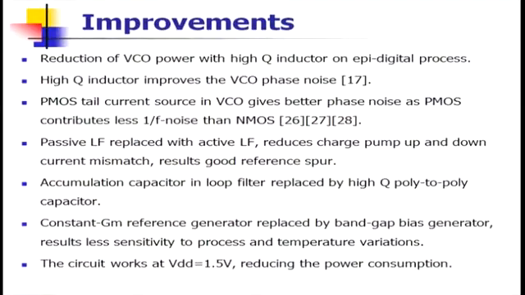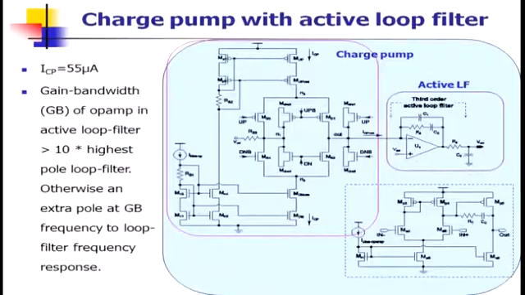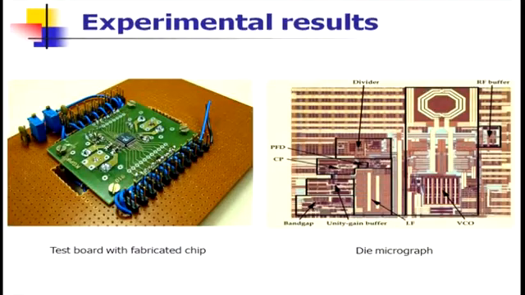And then we look into the capacitors, and again he used frequency tuning techniques with multiple varactors and so on. Finally, instead of a passive low pass filter, we have used an active low pass filter to improve the performance characteristics, and then the next phase of the design.